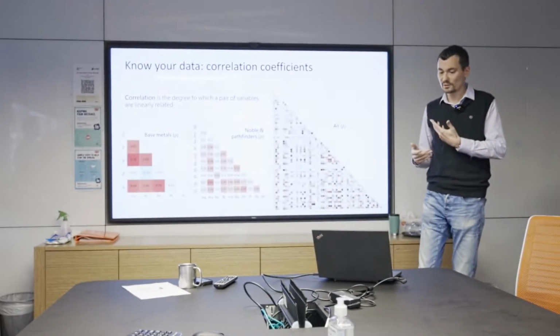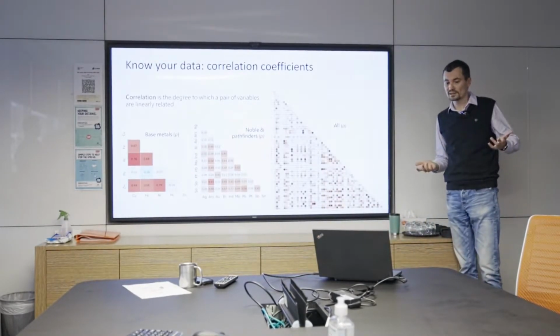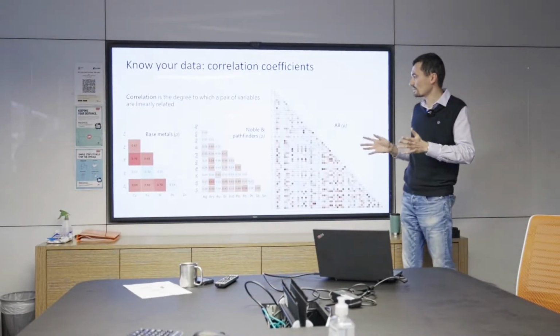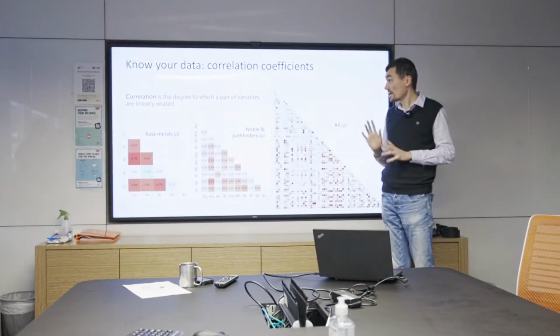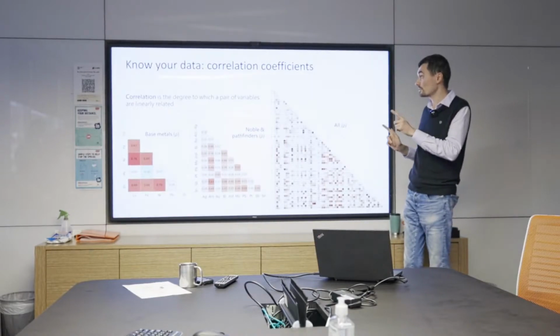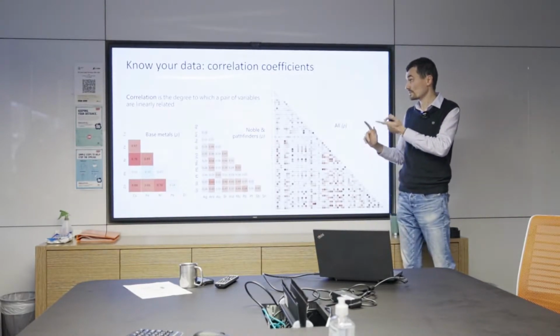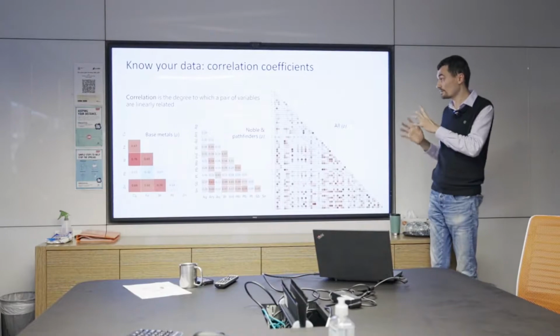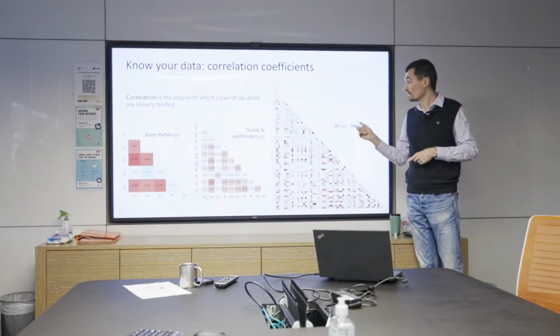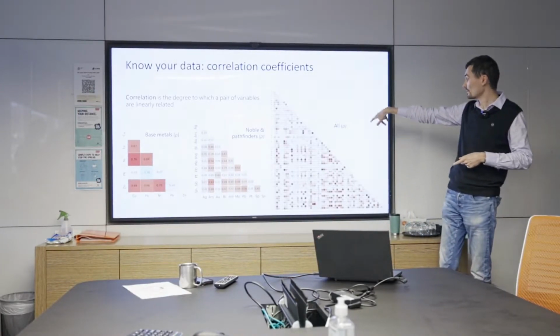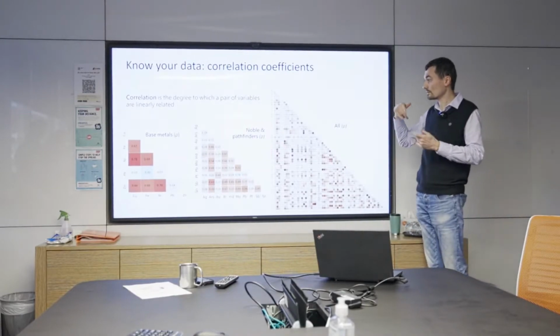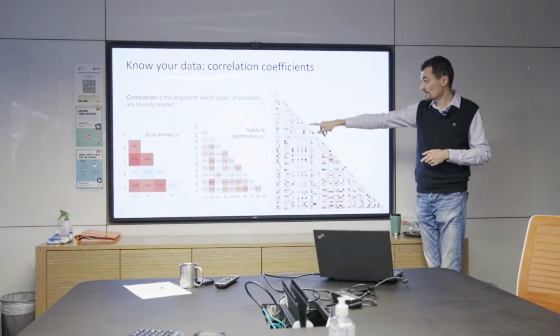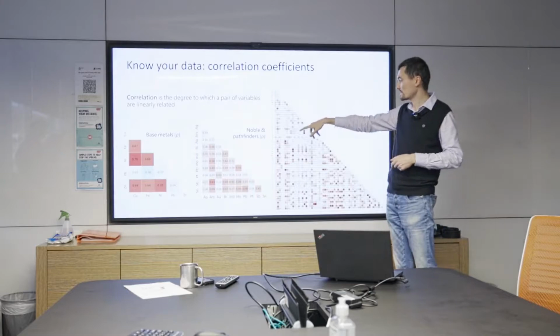We can calculate some correlation between different analytes, between different chemical elements. I need to mention also that not all correlation coefficients work in this case. For example, Pearson fails in many cases. So we usually use Spearman rho, like in this case, or Kendall's tau, non-parametric correlation coefficients. Both of them usually produce very similar results.